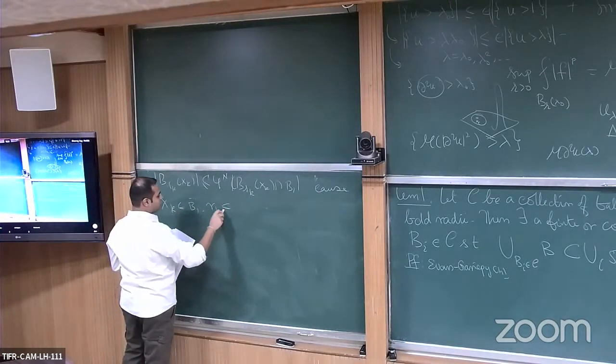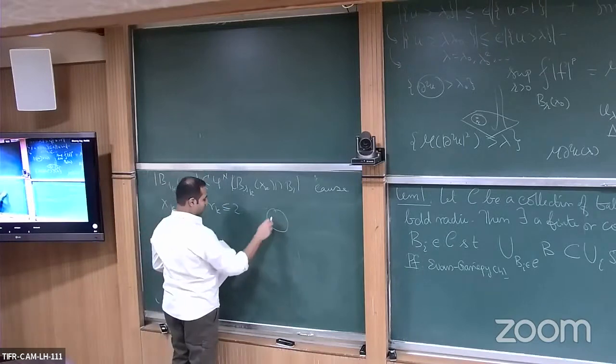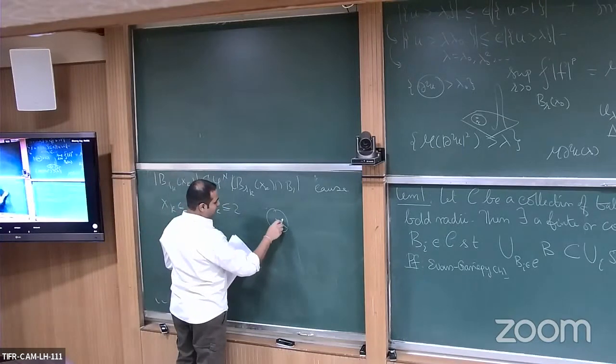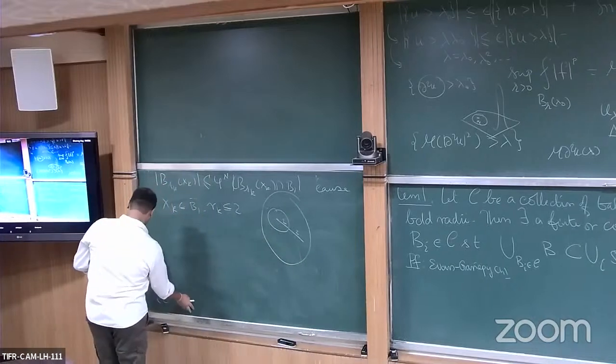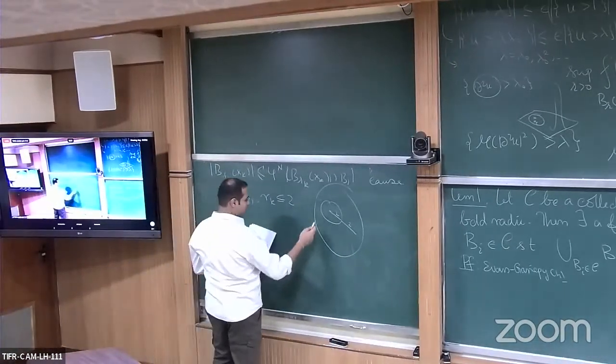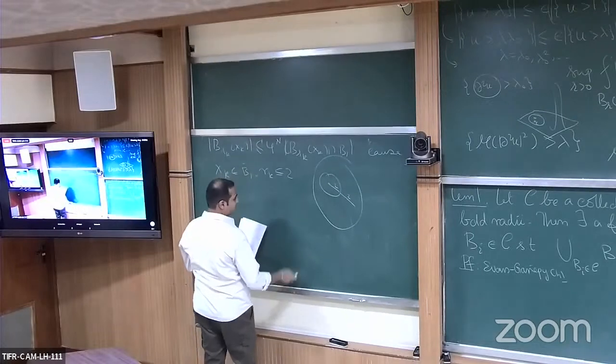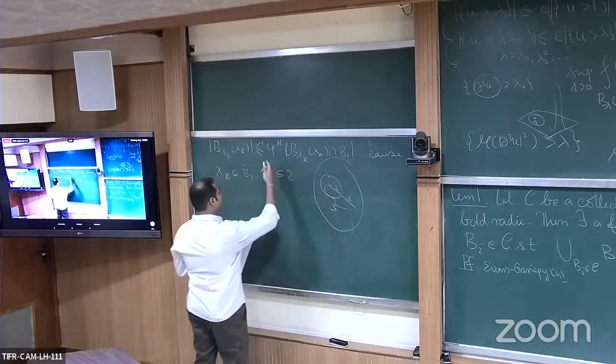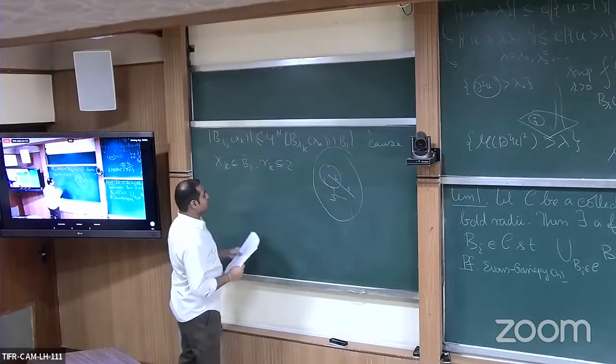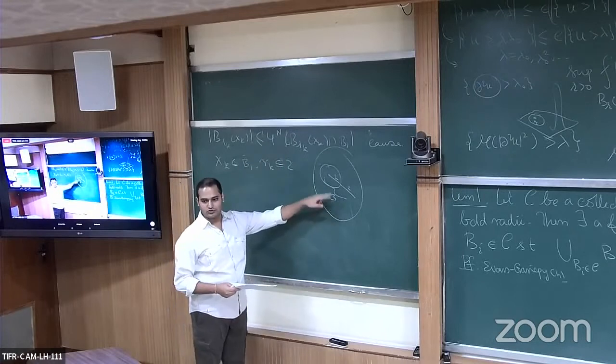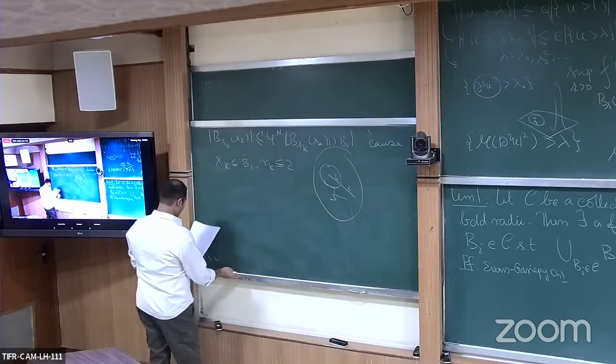RK is at most 2, like 1 or 2. And I'll just put 4. You understand it's an overestimate. It's like 3 at most, so I'll just put 4.